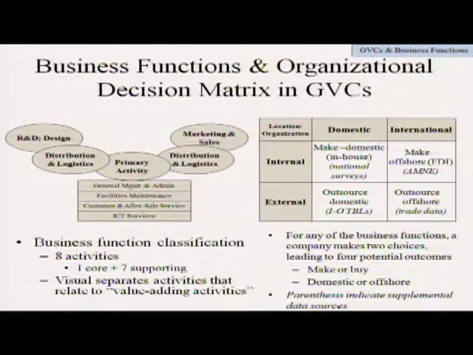This kind of brings in the business function focus that Ronald was emphasizing in his paper. We recognize and totally support the importance of bringing in a better way of conceptualizing and measuring business functions because, as we saw earlier, even in a traditional industry like textiles and apparel, 60 or 70% of the value added is services.